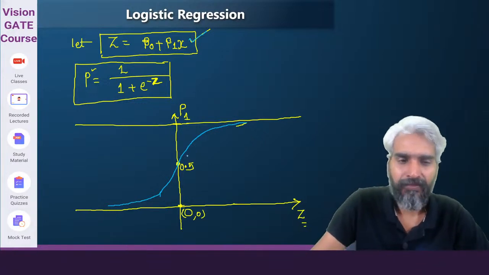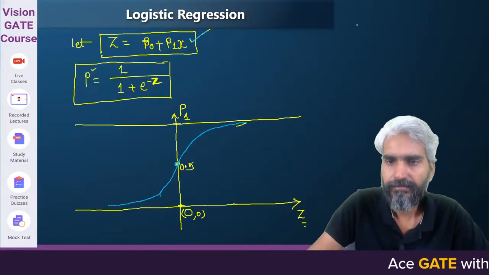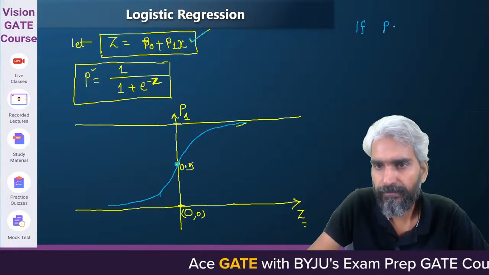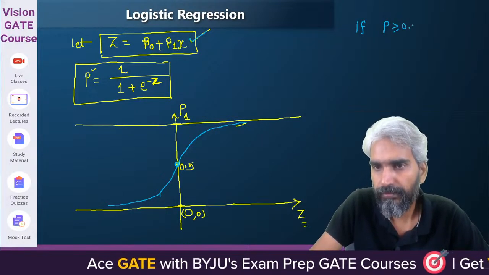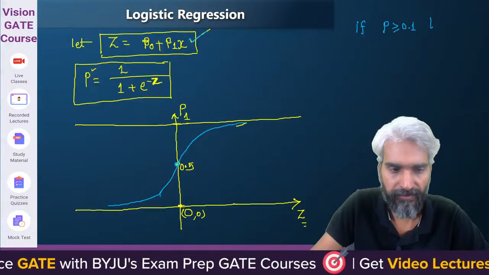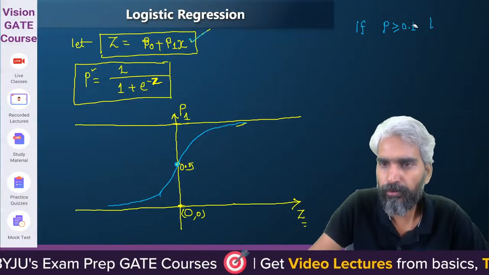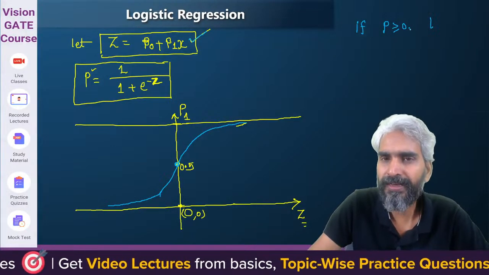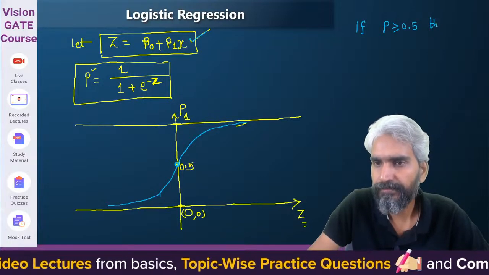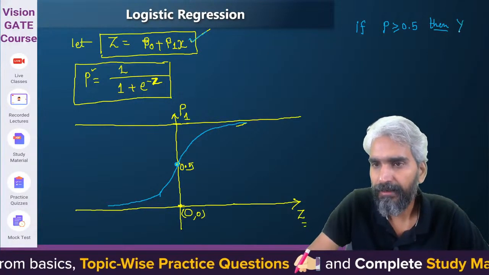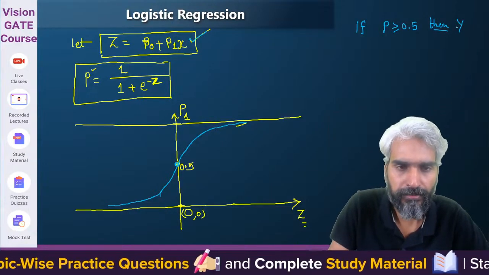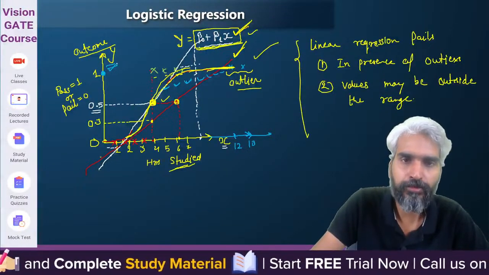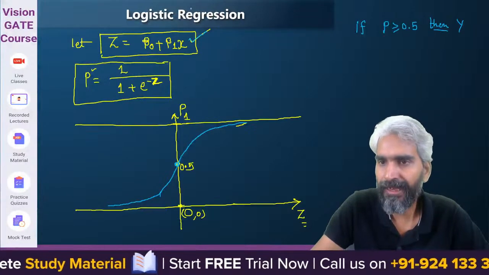Now, that's the idea. Whenever the probability P is greater than 0.5, then Y, which is your output, is 1.